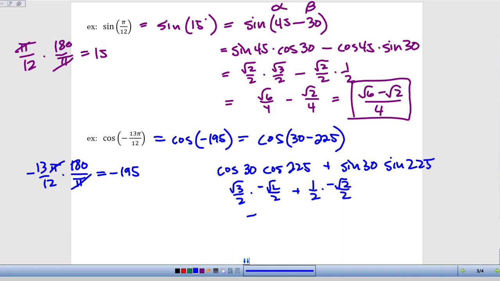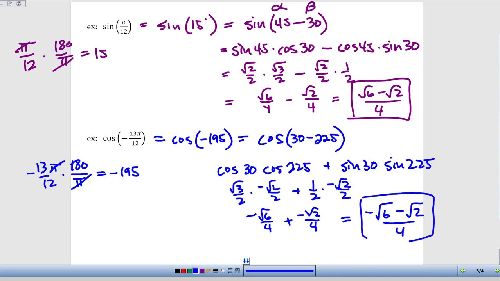So we're getting negative root 6 over 4 from the first part of our expression. We're getting negative root 2 over 4 from the second part of our expression, or if we combine them into one expression, negative root 6 minus root 2 all over 4.